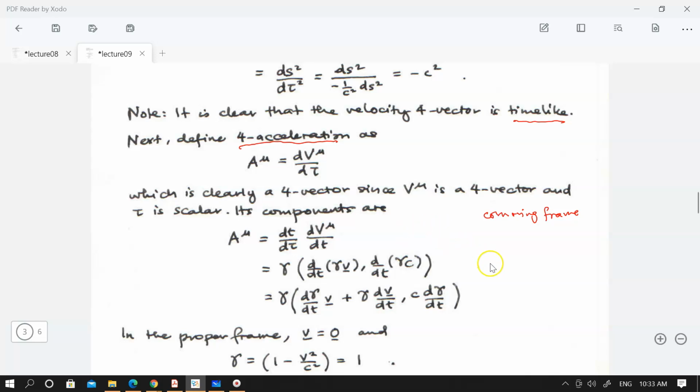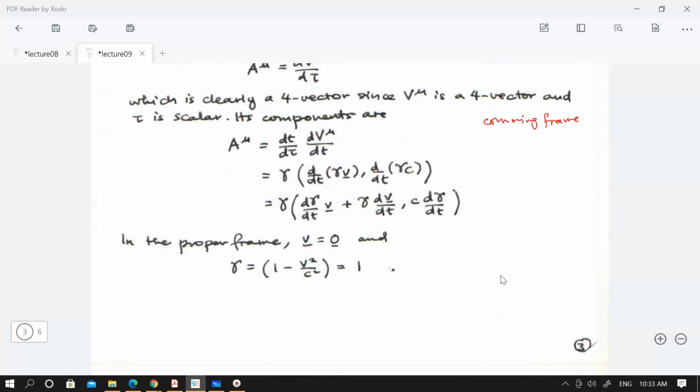So this would be the components of your four acceleration in a particular reference frame. But let's put it into the proper frame and see what happens.